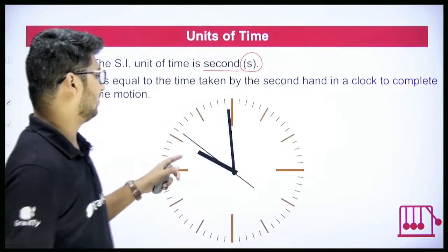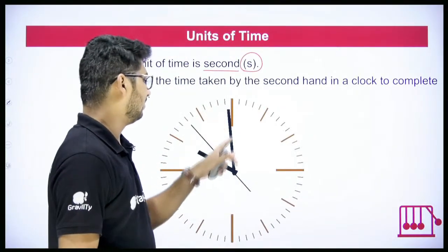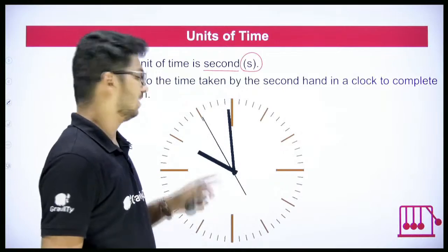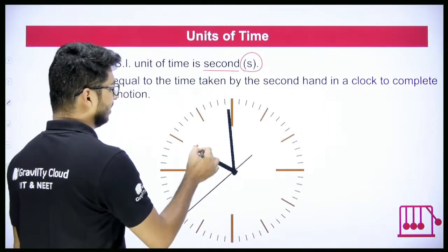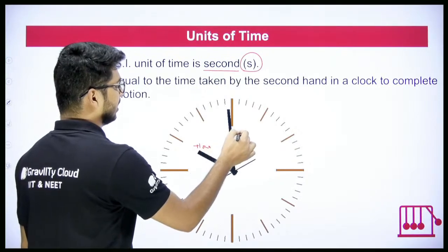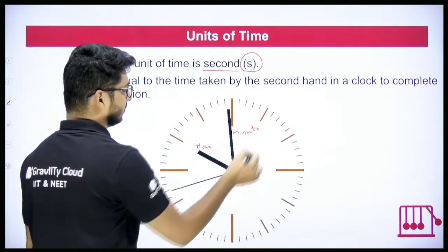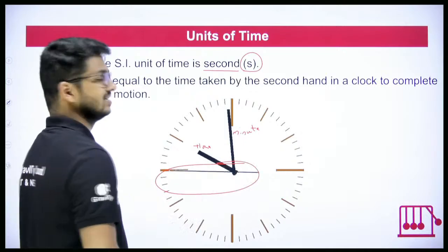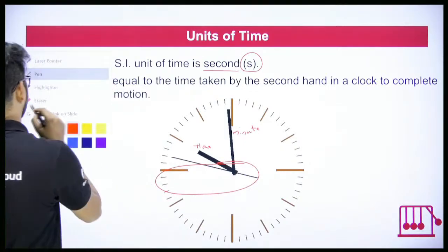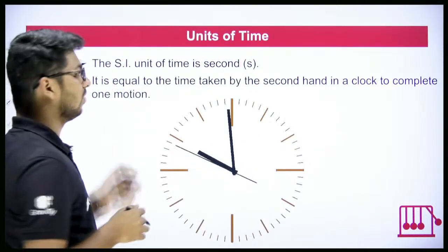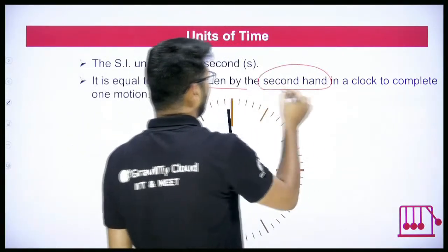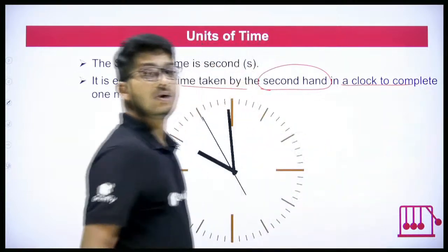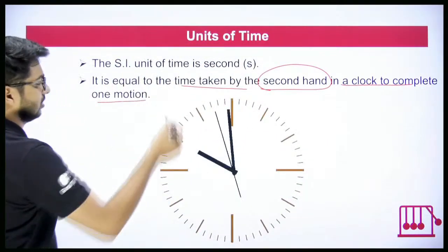So you have three different hands here. You have a minute hand, a second hand, and an hour hand. Yes or no? This is the hour hand. This is the minute hand, and this one that is moving here is the second hand. So 1 second can be defined as the time taken by the second hand in a clock to complete one motion.